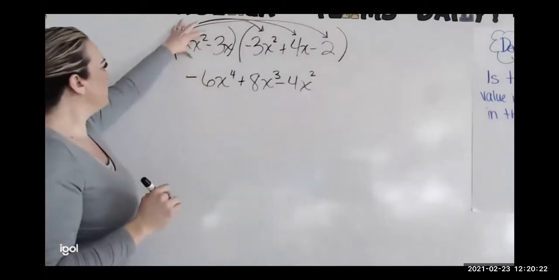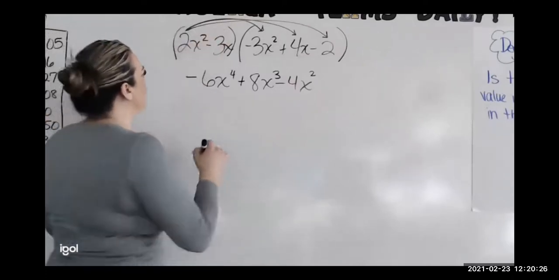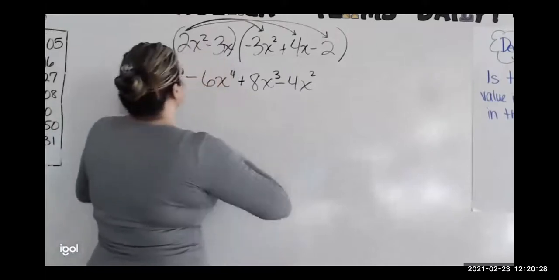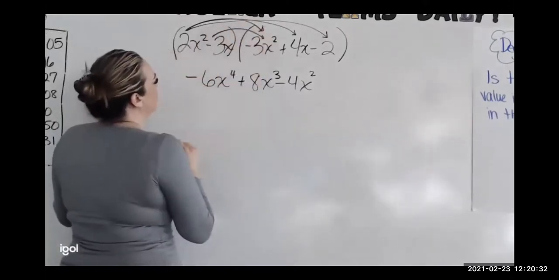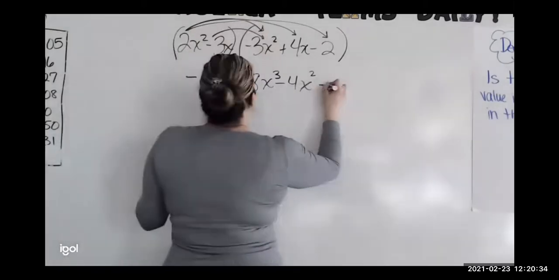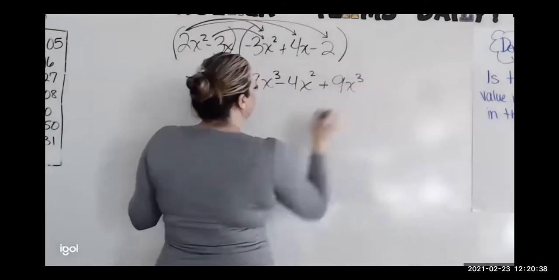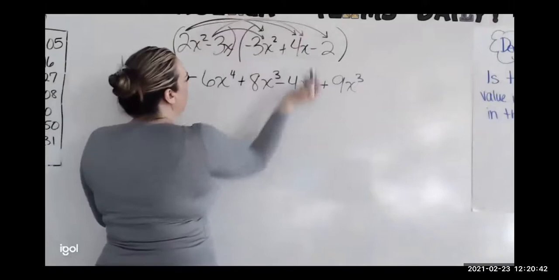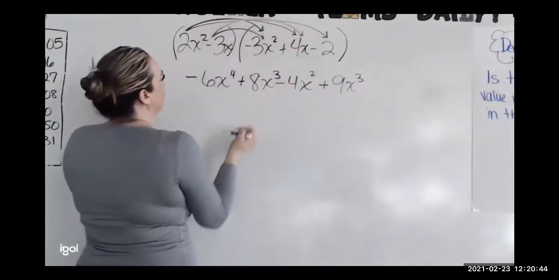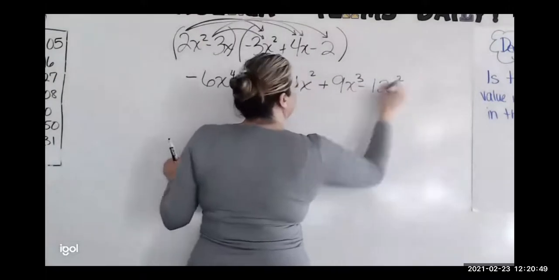Now we're done, we've multiplied everything times our first term in the binomial. We're going to multiply everything times the second. Negative 3x times negative 3x squared gives us positive 9x cubed. Negative 3x times 4x gives us negative 12x squared.